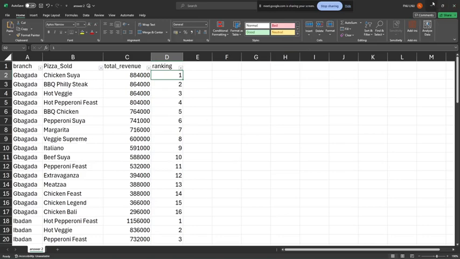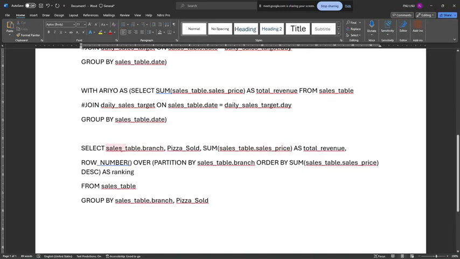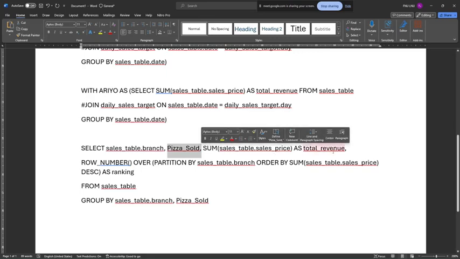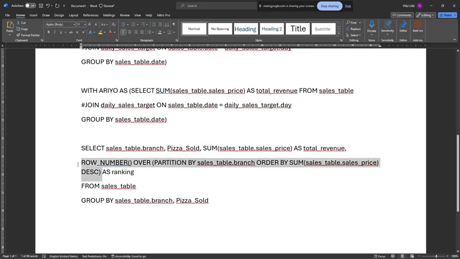So let's see what is inside that statement. Select from the sales table: the branch, the pizza sold, and the sum of sales price as total revenue. And the last thing is that ranking. How did we get that ranking? There's something we call the window function. It's the combination of two or more functions.